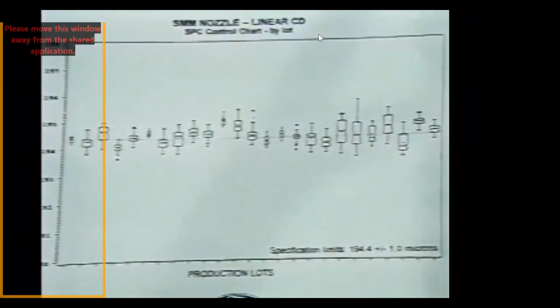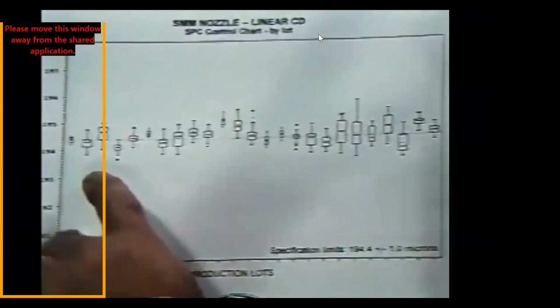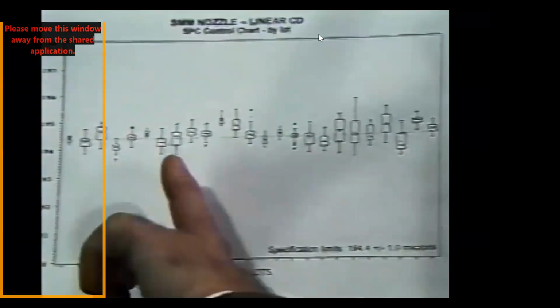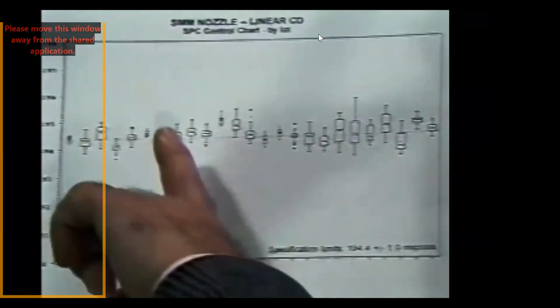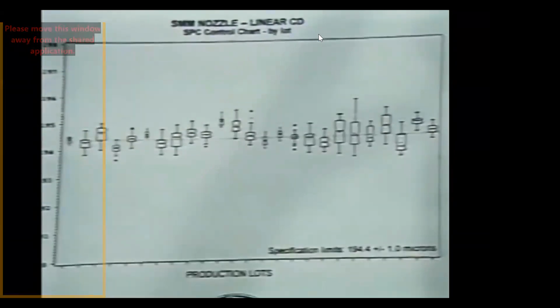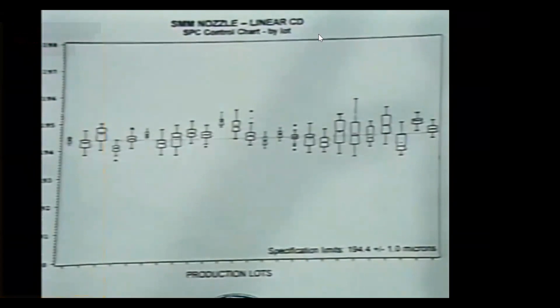This is a box and whiskers chart dealing with the orifice size, and it was a typical lot, I believe in the month of January of 94. Each one of these data sets represents one wafer lot's worth of orifice size information.